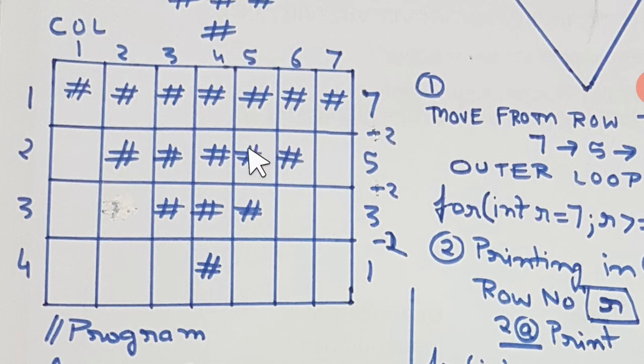So this is the basic idea I have given you, and two more important things are here. One is to change the line, and the other is printing spaces before the hash symbol in the same row.